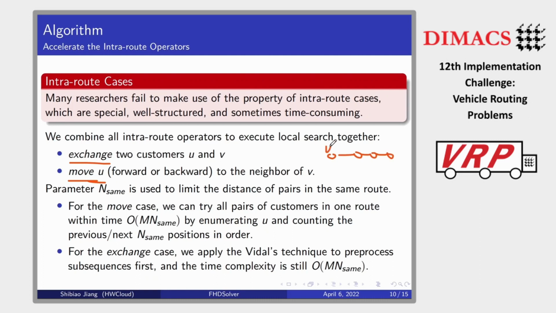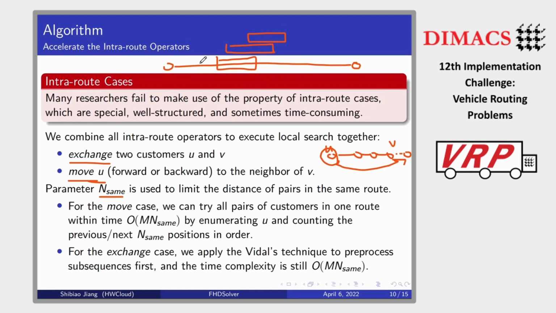Maybe this is U and this is V, and we just move U backward to the neighborhood of V. And we add the parameter nsim to limit the distance of pairs in the same route. It means that if this route is very long, maybe we just need to do something in this length.